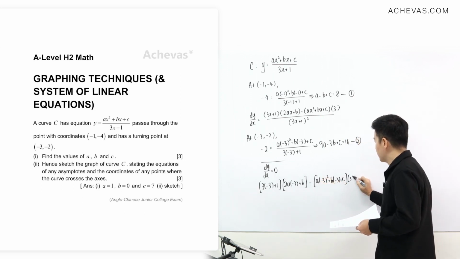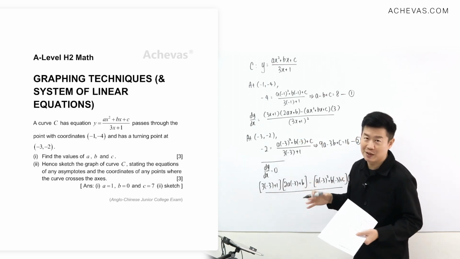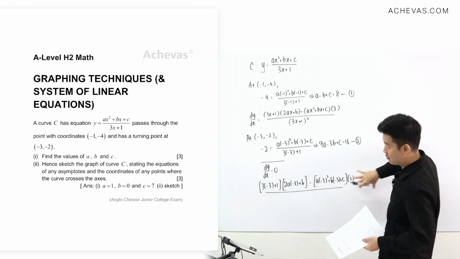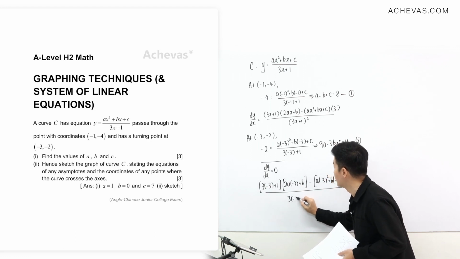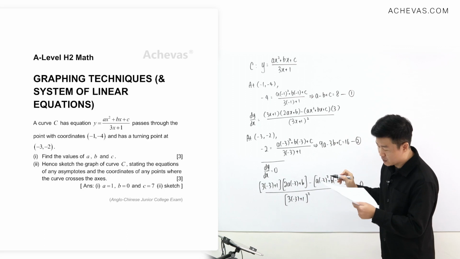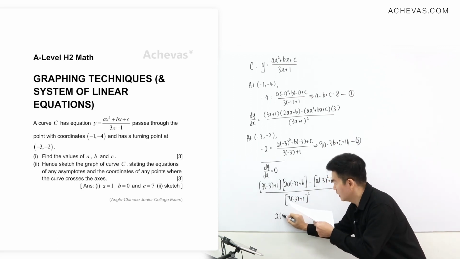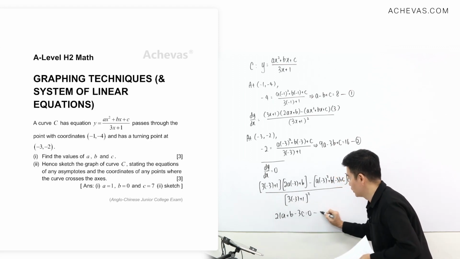Then this is multiplied by 3 divided by the denominator squared, which doesn't really matter since we are going to be equating this to 0, so multiplying over, this will just disappear. But still, let me just write down the values. This gives rise to our last equation, 21a plus b minus 3c is equal to 0.